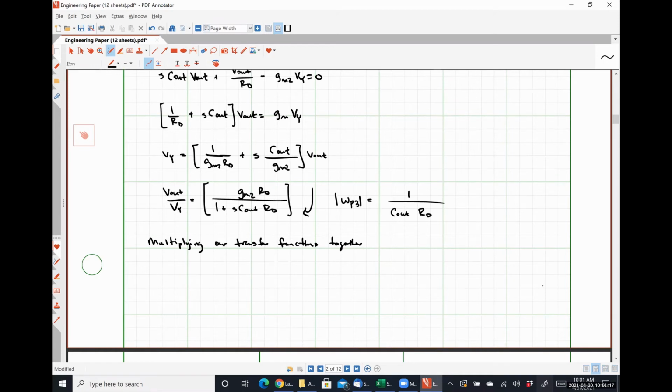we are going to wind up with something that looks like this. V out over Vn is equal to negative GM1 GM2 RD, which is the mid-band gain of our system. So this guy right here is AM. Oh, actually, I should do it over the top.